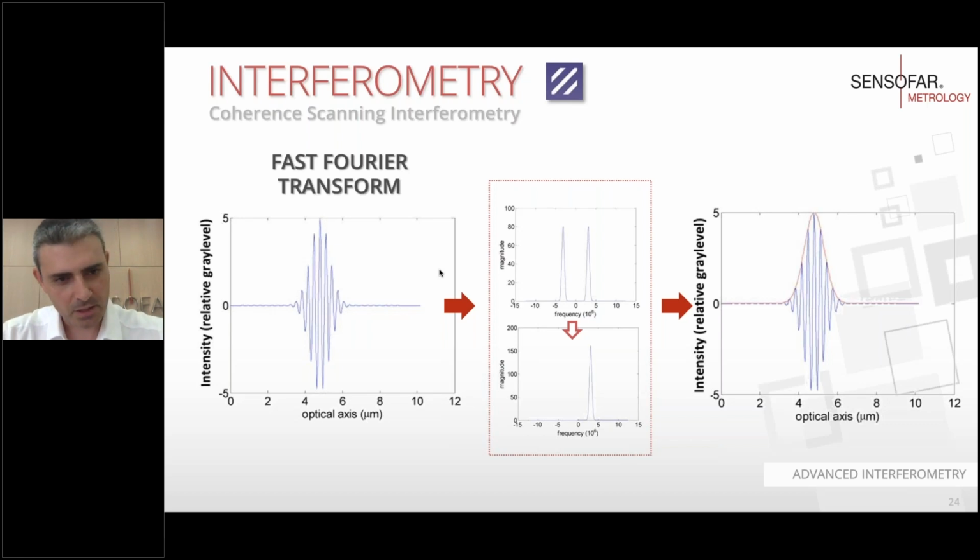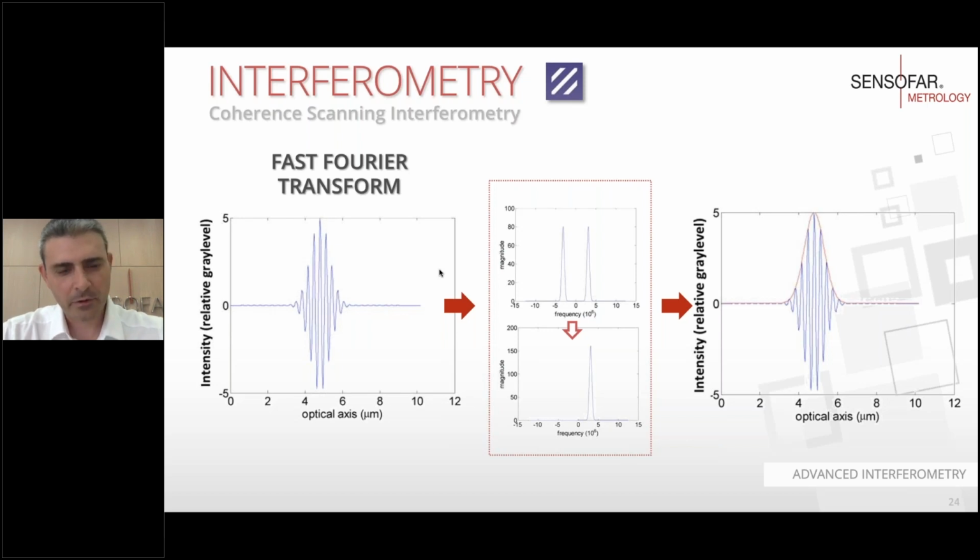Basically, we have a signal, the one on the left, that is the interferogram. For every pixel, there is a signal like this one, in which we want to recover the maximum contrast position along the z-axis. In that case, it's around 4.5 micron. So we measure the Fourier transform of that signal, and it will show you the main frequency of that signal.